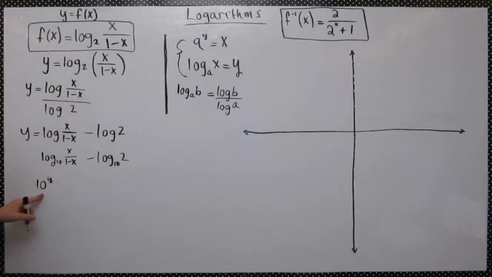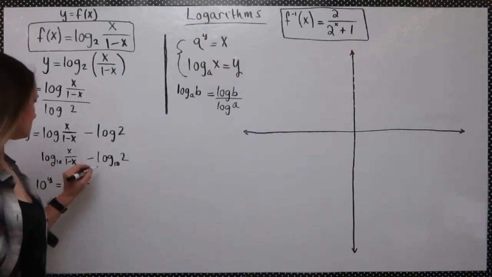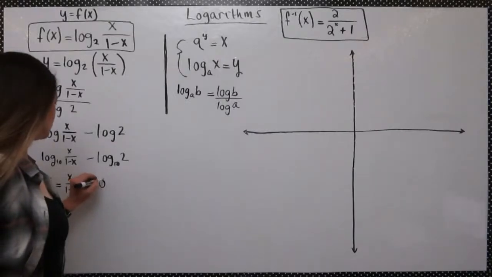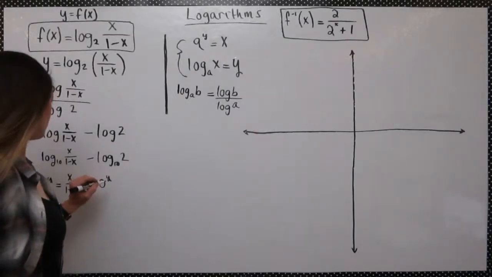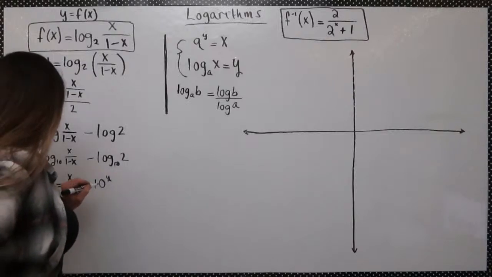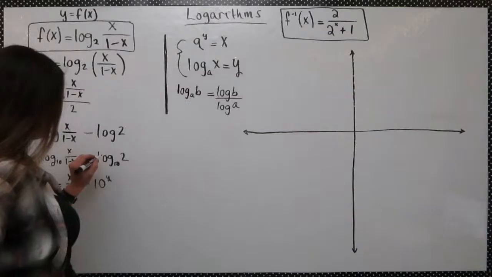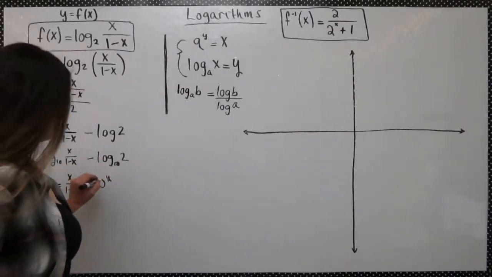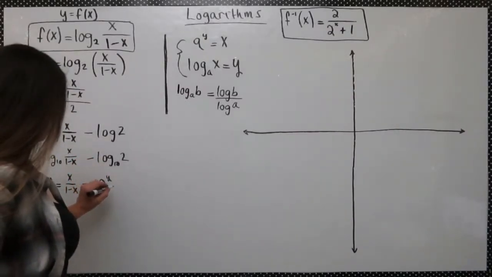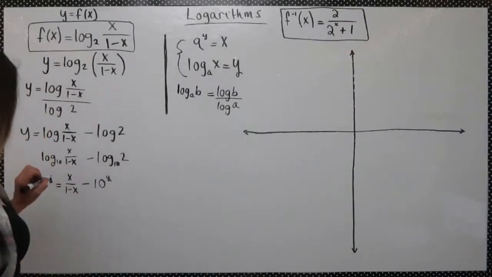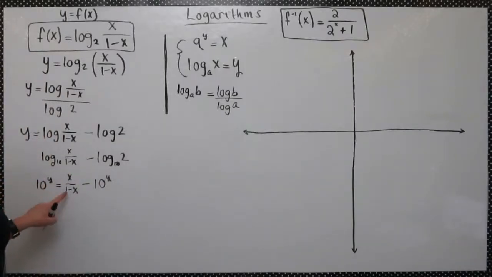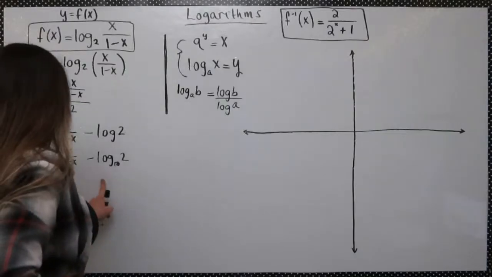So we've got 10 to the Y equals x over 1 minus x minus, this would be 10 to the Y. Hang on, 10 to the Y. We're going to do those two terms separately.